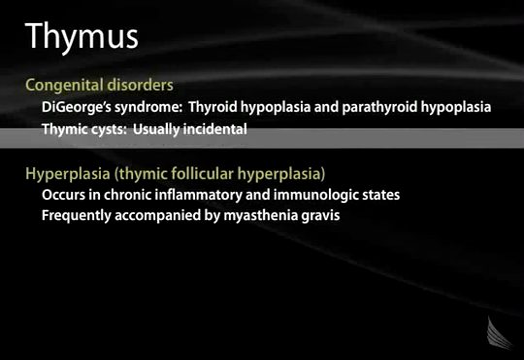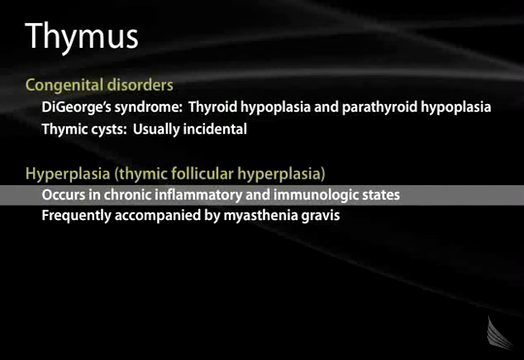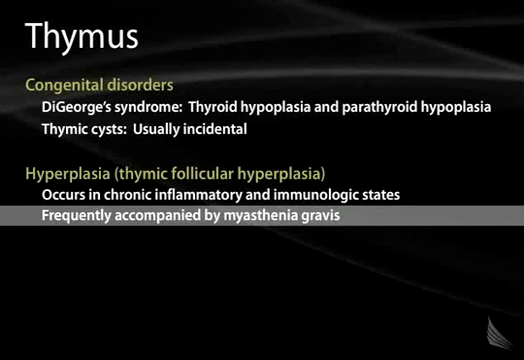There can be thymic hyperplasia in chronic inflammatory and in immunologic states. And thymic hyperplasia can frequently accompany myasthenia gravis, which is an immunoglobulin against the motor end plate acetylcholine receptor. So those are the common pathology findings in the thymus.